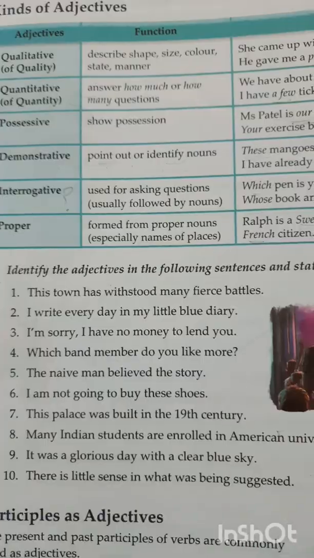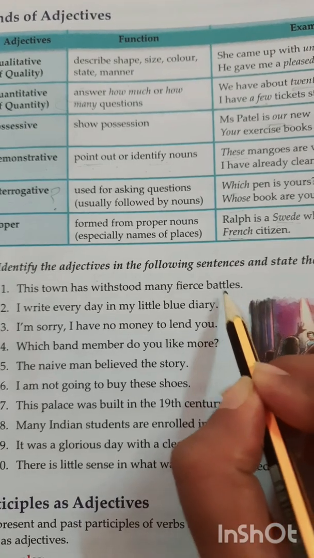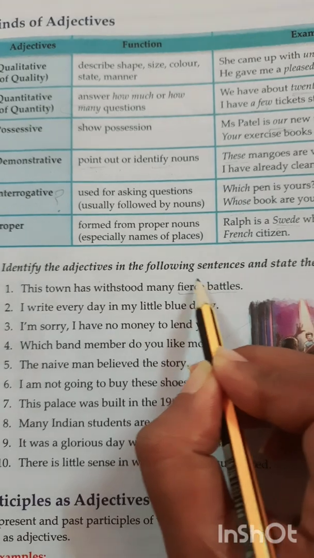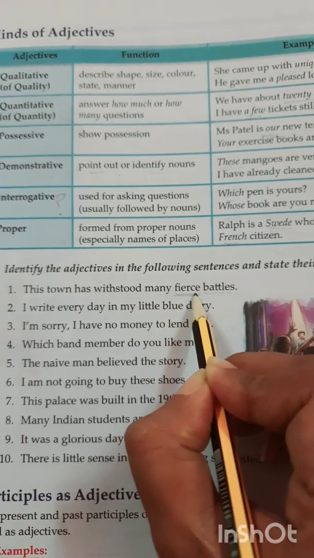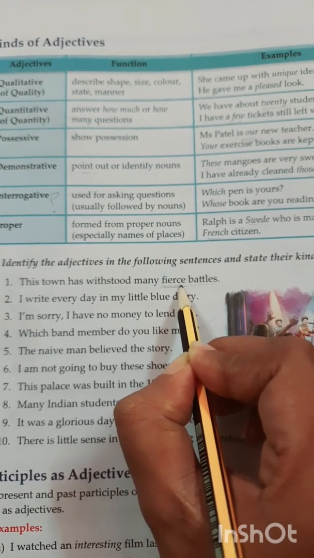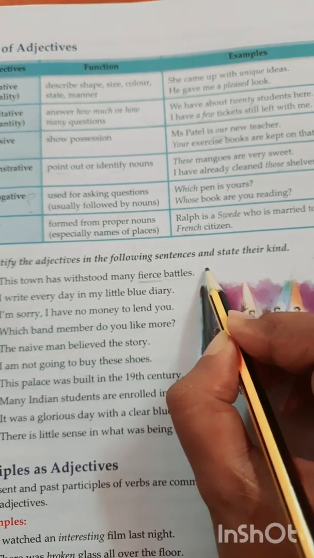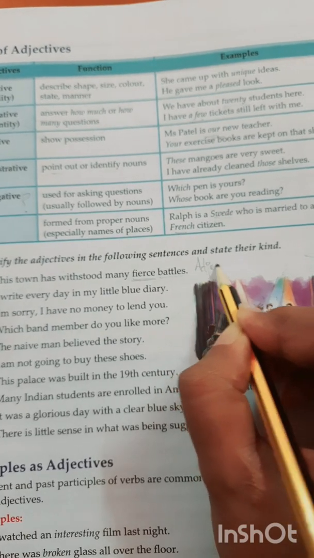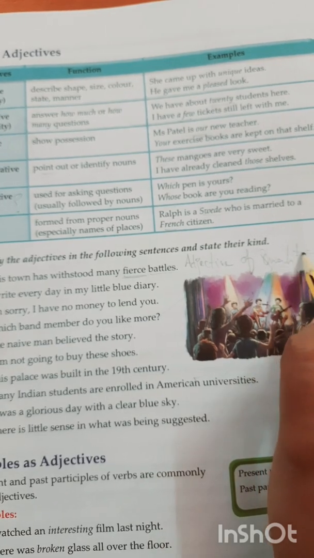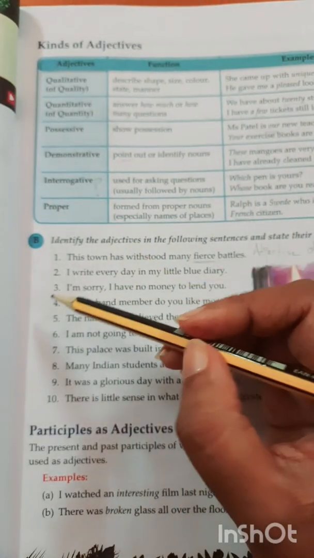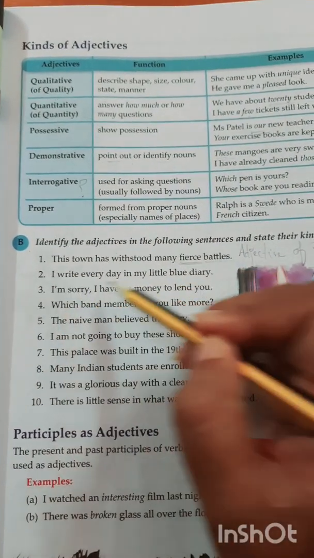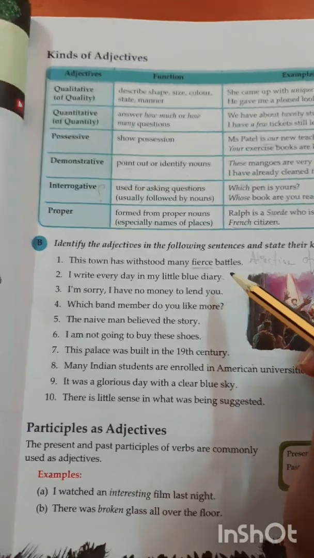What kind of adjective is this? This is an adjective of quality. So you just write here, adjective of quality. You have nine more examples; read them and find out the answers.